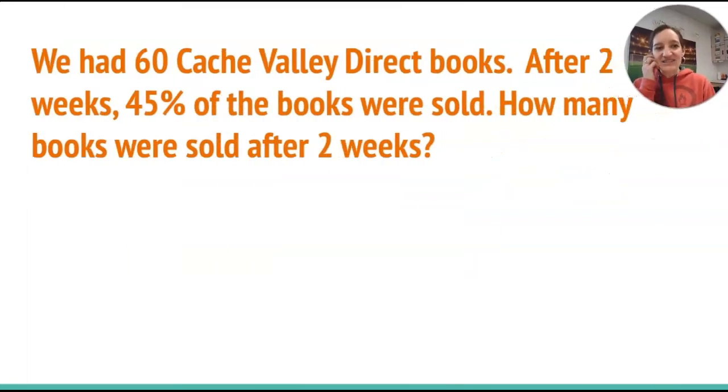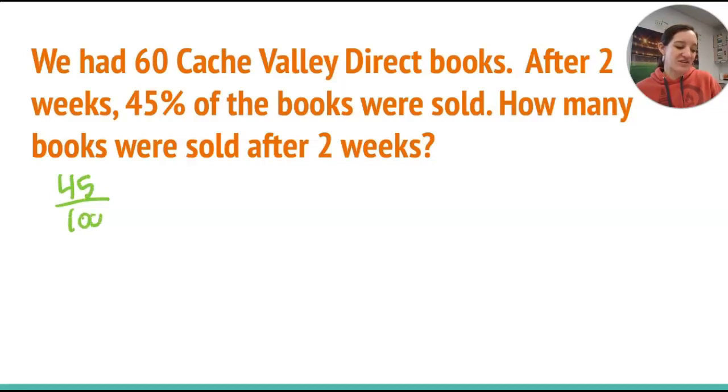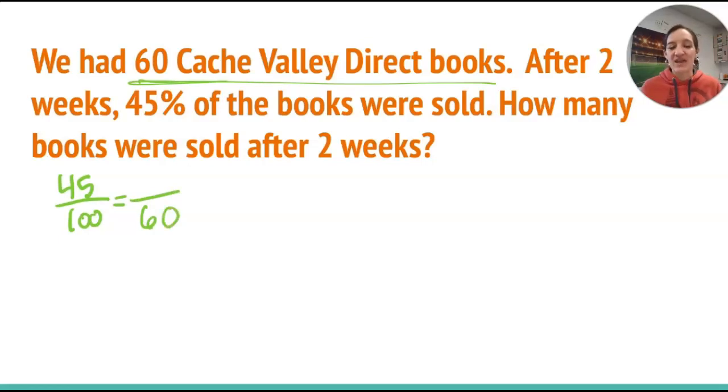So if we had 60 Cache Valley Direct books, and after 2 weeks, 45% of the books were sold, how many books were sold after 2 weeks? I've already told you that you could solve any percent problem by putting that percent over 100. And if we had a total of 60 Cache Valley Direct books, we could set it up this way, right? From here, you could do it the equivalent ratio way.